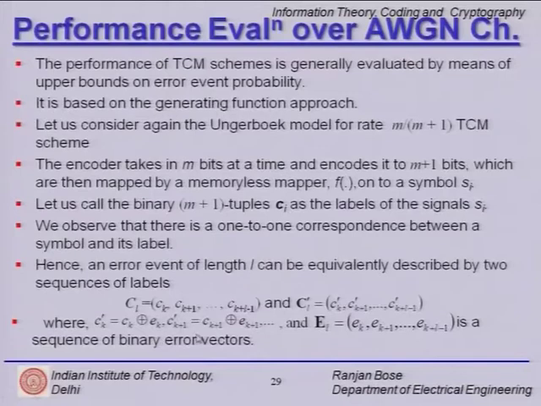Again, this is a binary label C prime k plus 1. This is nothing but the original one that was transmitted plus a binary error event. So, just like that, we have a sequence of Ck plus 1 and so on and so forth. We have a sequence of these binary error vectors.